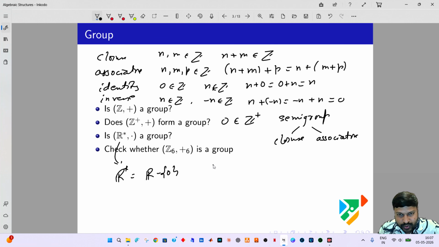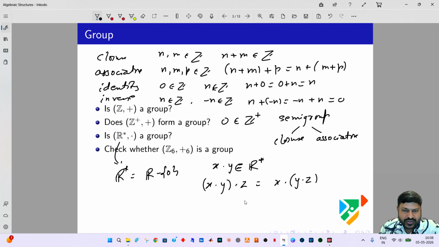Multiply any two non-zero real numbers, what do you get? Again, a non-zero real number. What about the associative property? You are free to put brackets around these three variables and you see that the outcome is the same. So the associative property is satisfied.